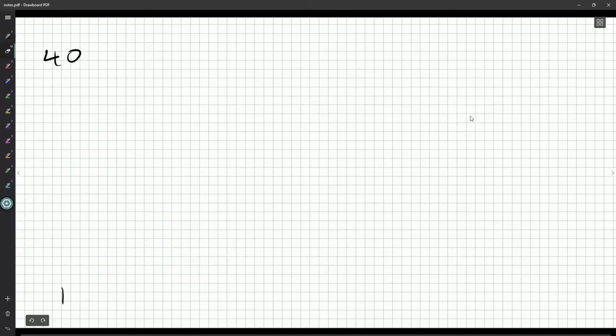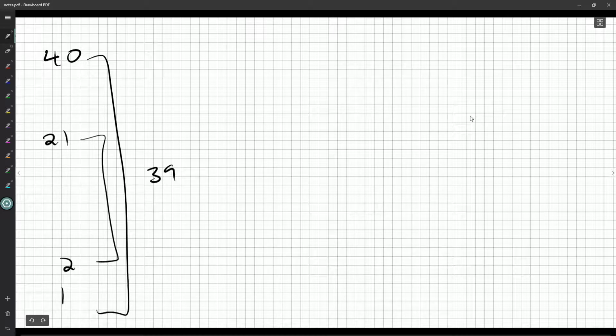Which I think should be the way to solve the problem. So before I make a formula, let me see if I can just solve the problem. These outer two people, as long as we meet somewhere between 1 and 40, or even at 1 and 40, are traveling 39 floors combined to get there. 21 and 2, as long as we meet somewhere in between, both of them combined travel 19 floors. And 3 is between all of them, so if this person doesn't have to leave, then they don't have to move at all.